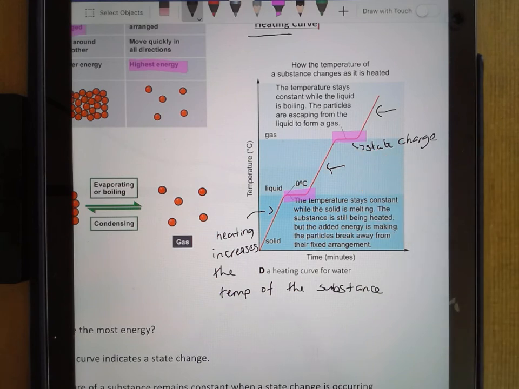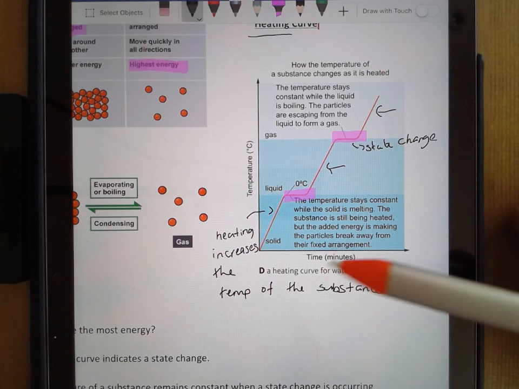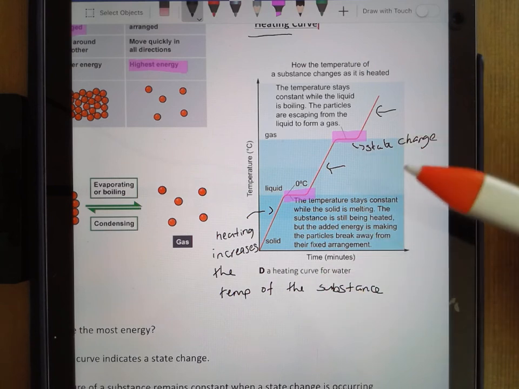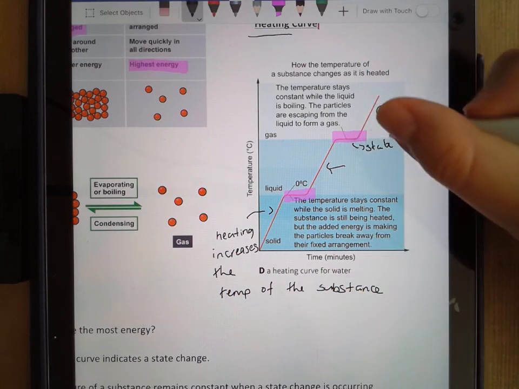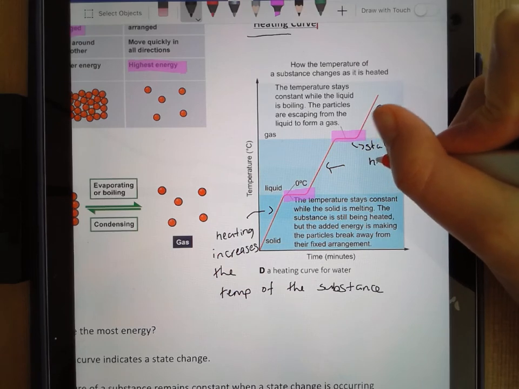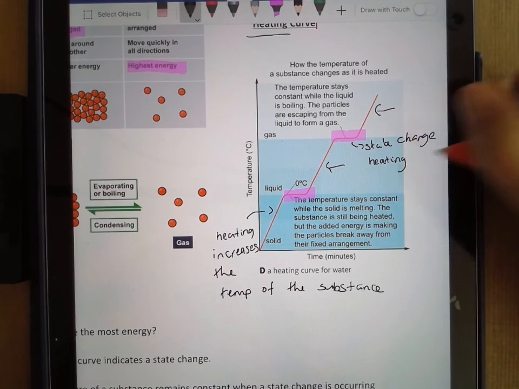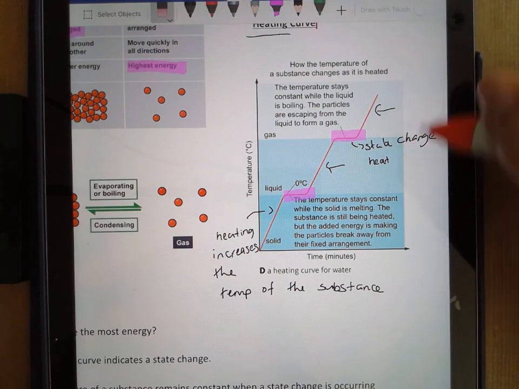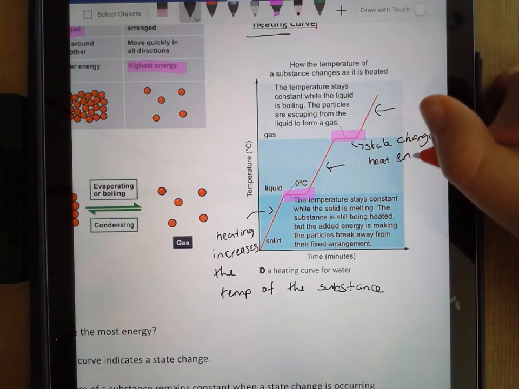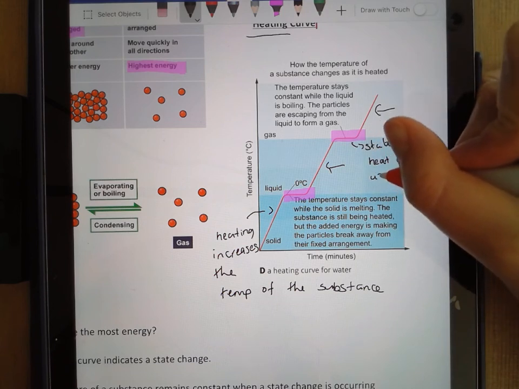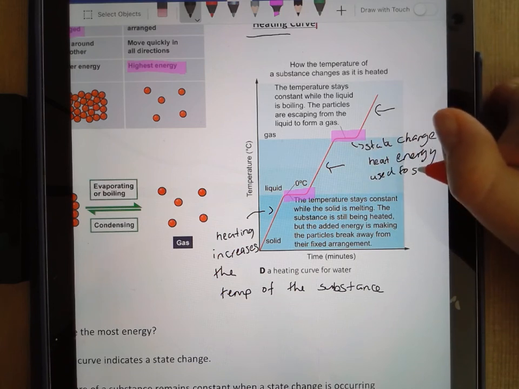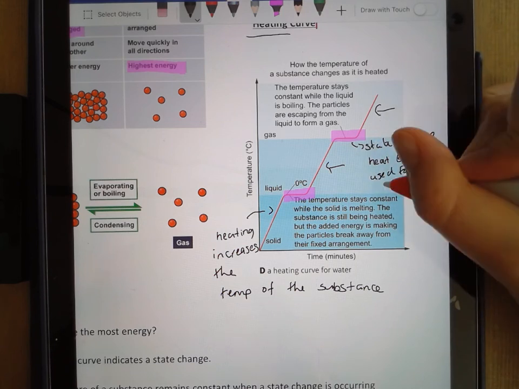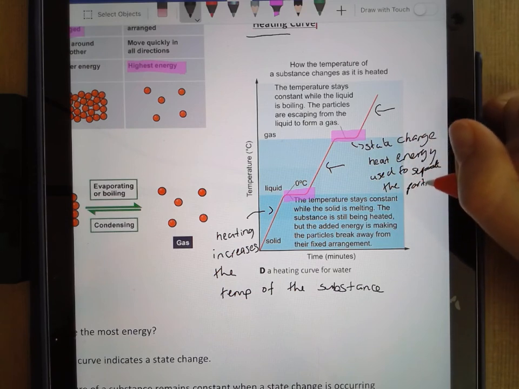So the question is, why does the substance stop increasing in temperature when the state is changing? And the answer is that the heat energy is used to separate the particles.